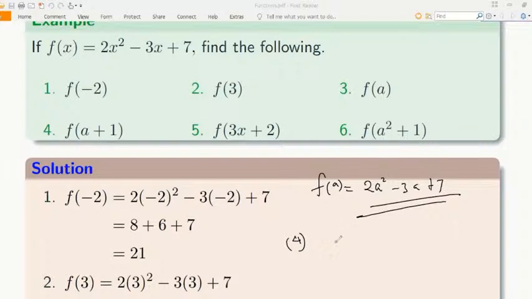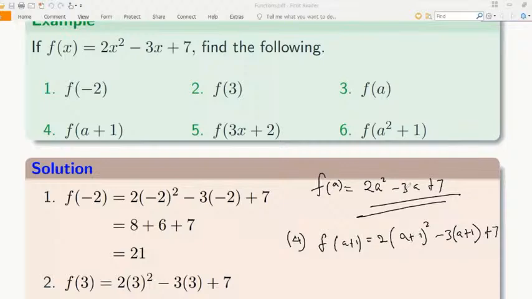So that will be f of a plus 1. So that is 2, where there is x, put a plus 1. Minus 3, there is an x here, put a plus 1. Then plus 7, this one has no x. We know how to expand it.